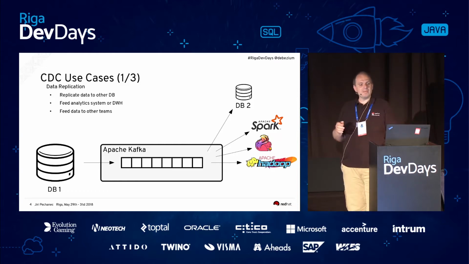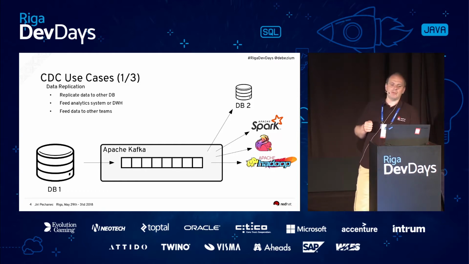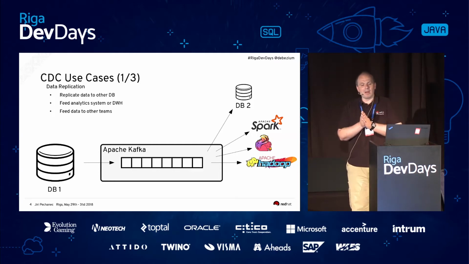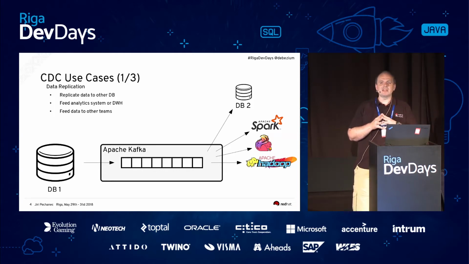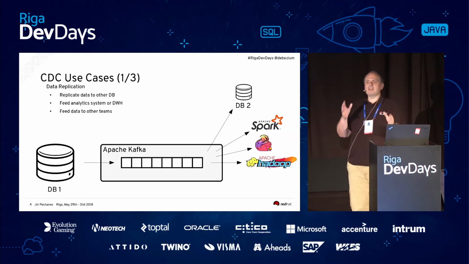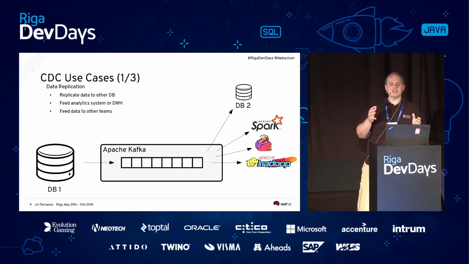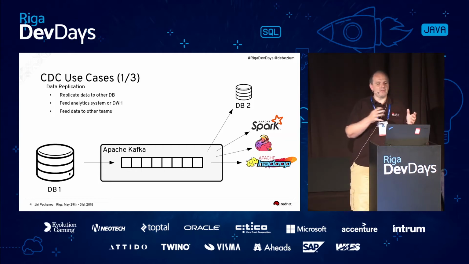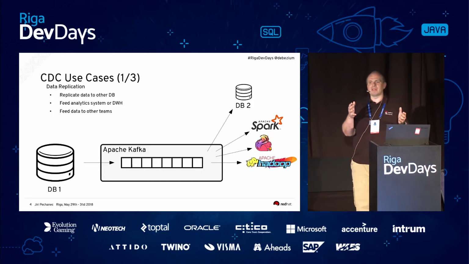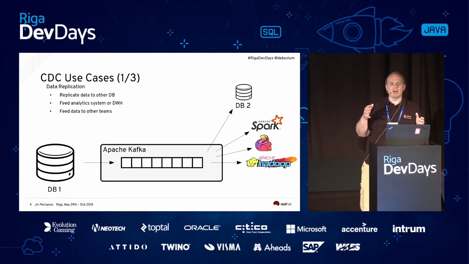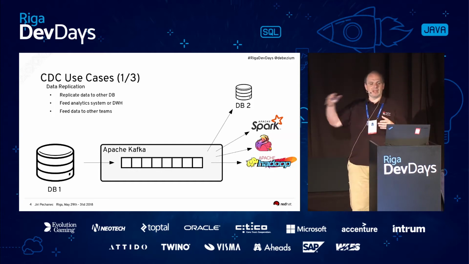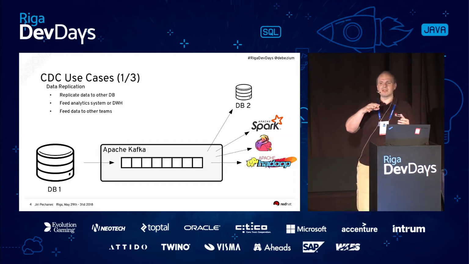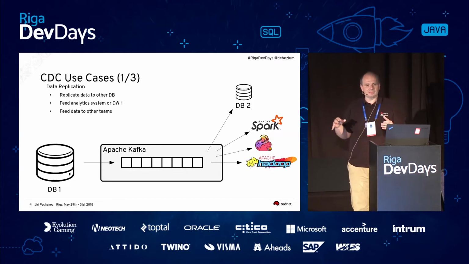What are typical use cases for change data capture? Well, there are multiple of them. I would say the most simple is probably the data replication. We have a database that is our single source of truth. It's a legacy database to which our enterprise application is connected, and we need to replicate the data from this database to other systems.